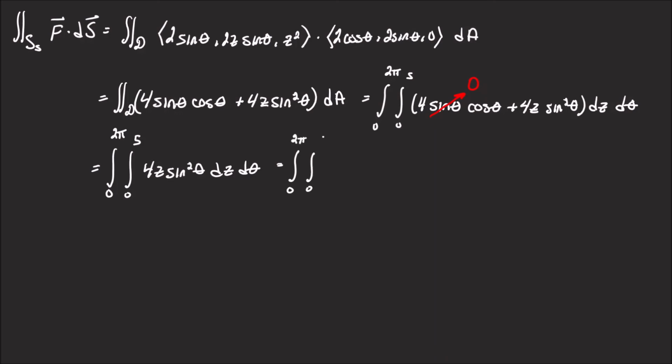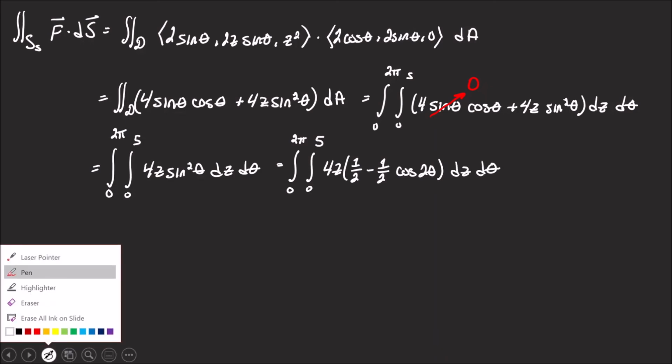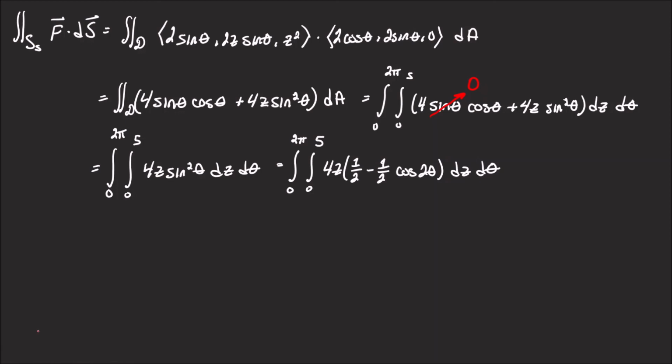If we rewrite sine squared of theta as 1/2 minus 1/2 cosine of 2 theta, then we see that once again we're integrating over 2 cycles.